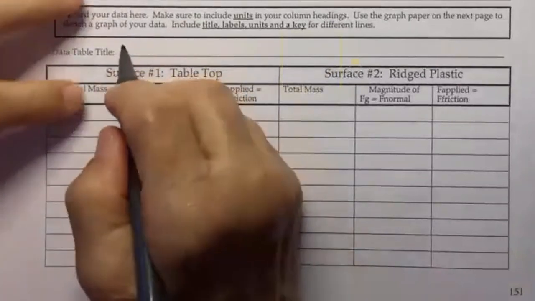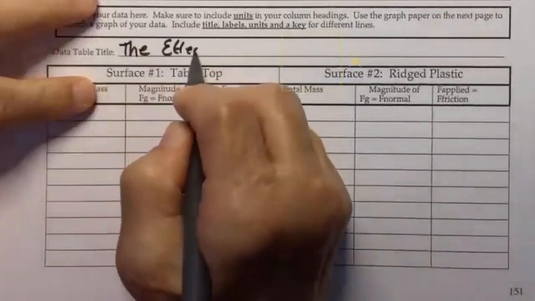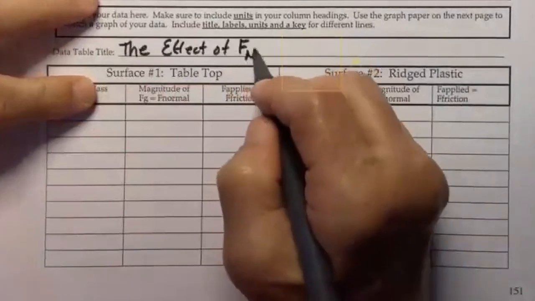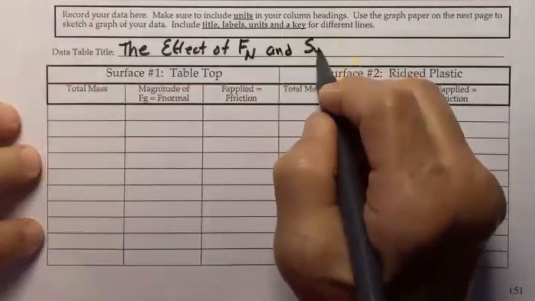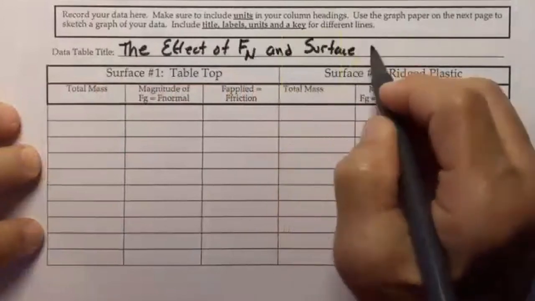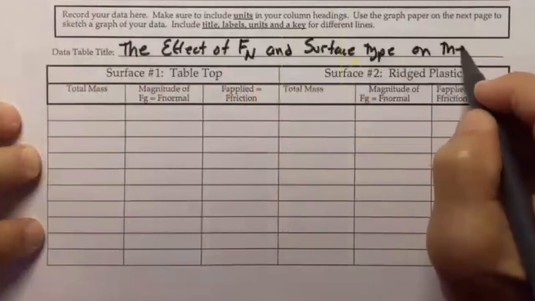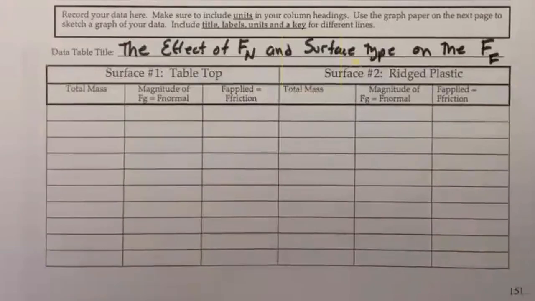So let's take a look at the effect of F normal and surface type on, we'll just go FF, the force of friction.